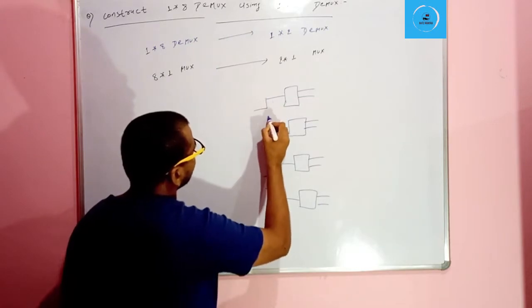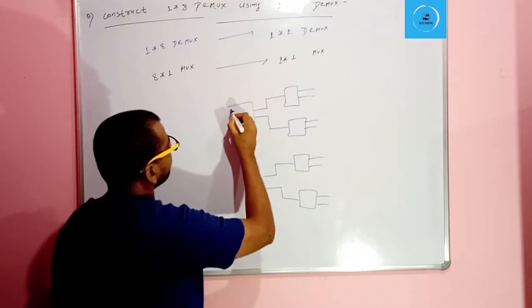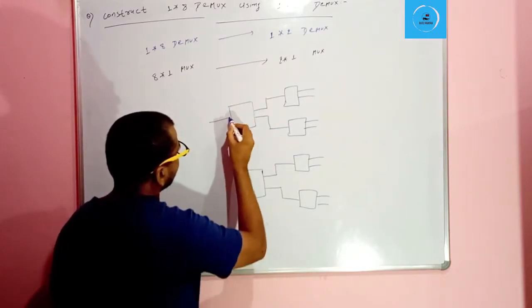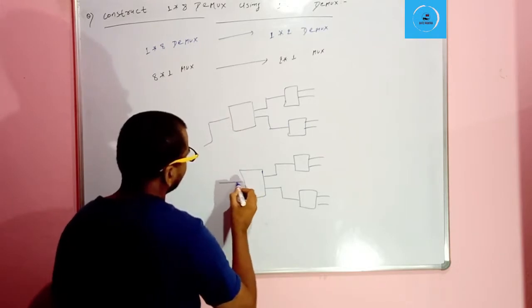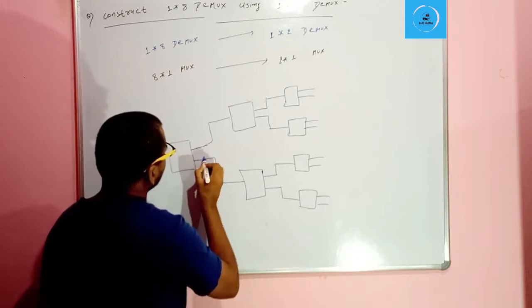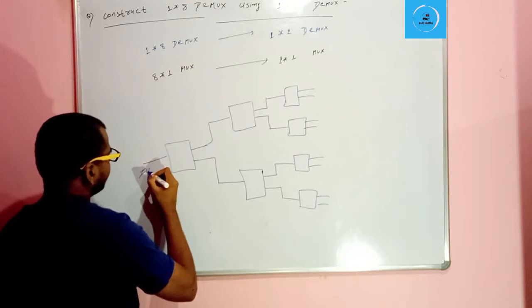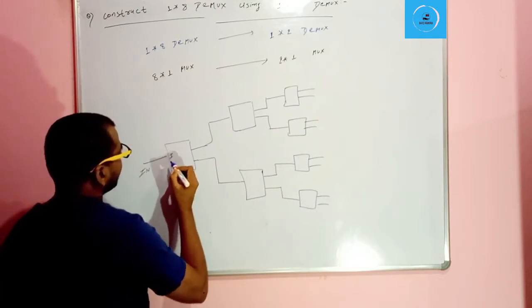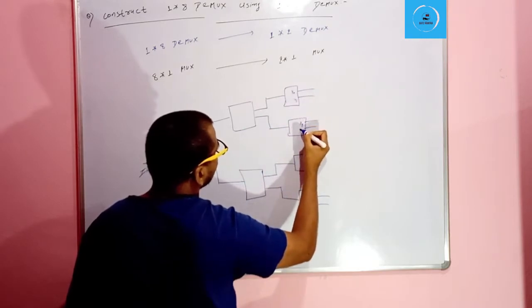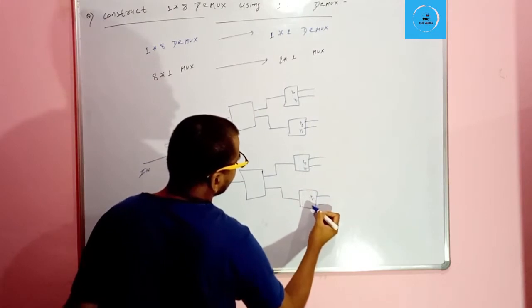For these 4 demux we require 2 more 1:2 demux, and then again 1:2 demux. So here is our input I, and here are our final outputs y0, y1, y2, y3, y4, y5, y6, and y7.